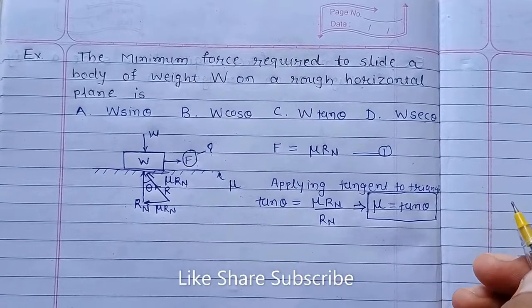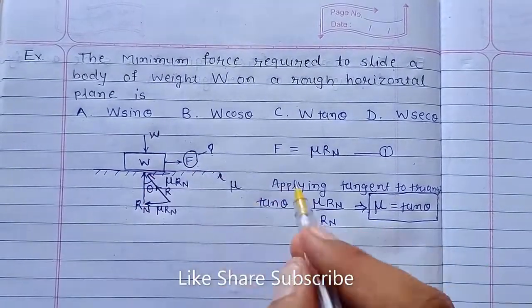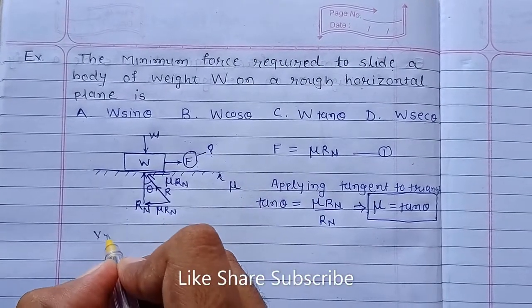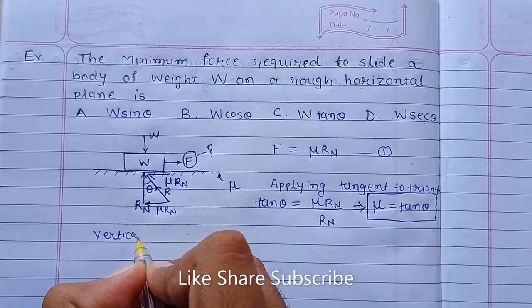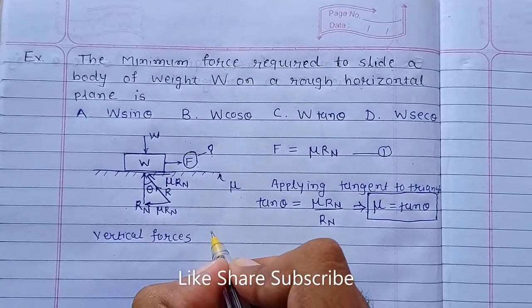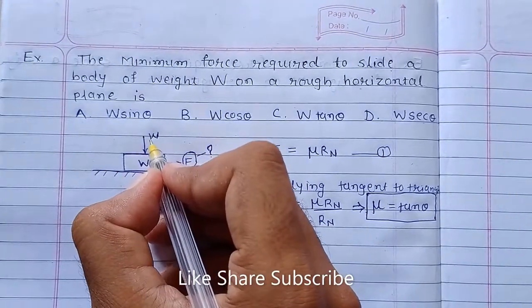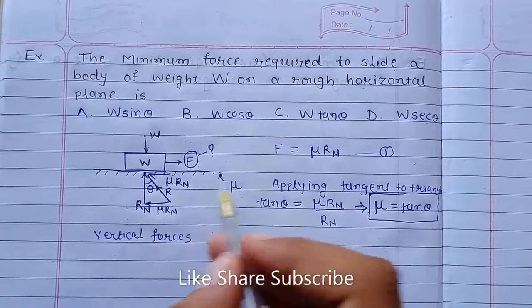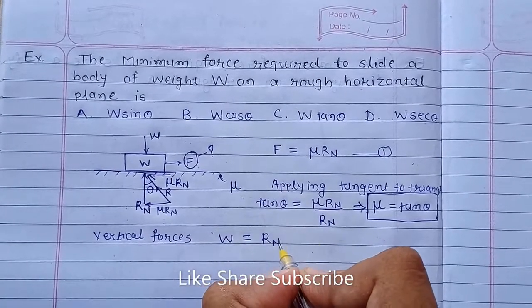And if we apply the equilibrium of the vertical forces, then the vertical force acting downward, W, is equal to the vertical force acting upward, Rn.